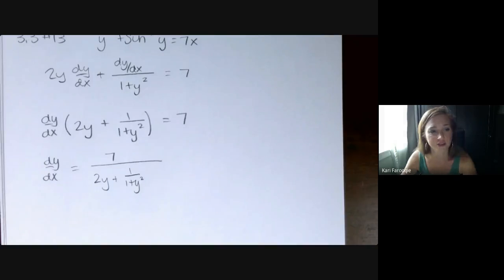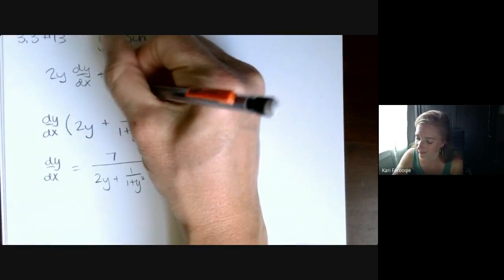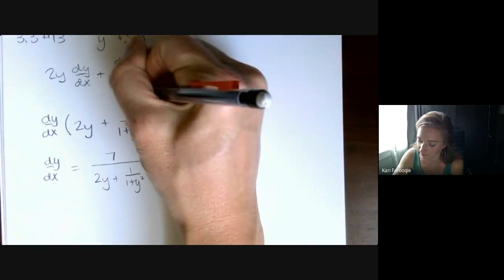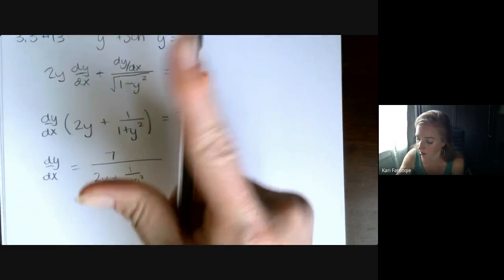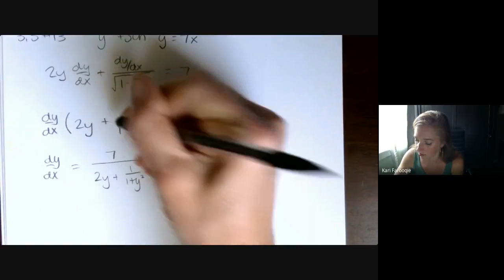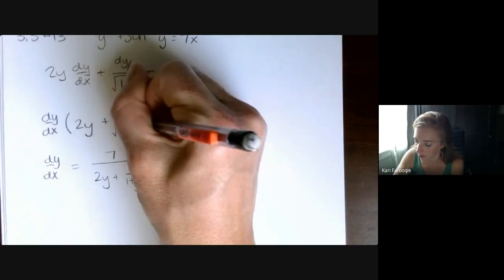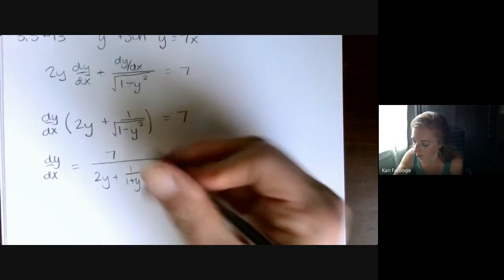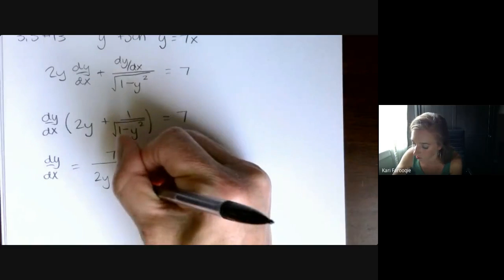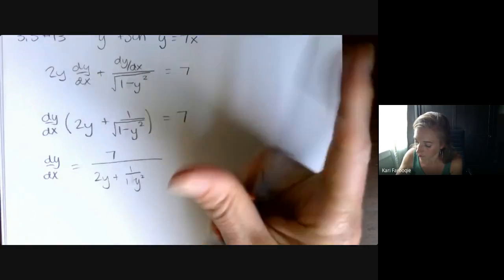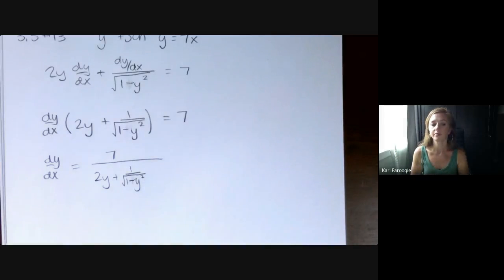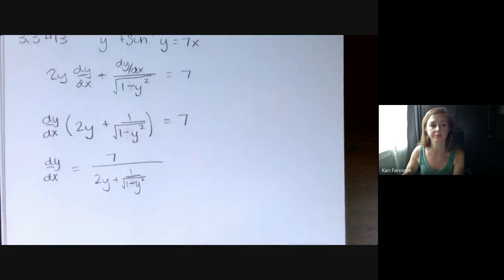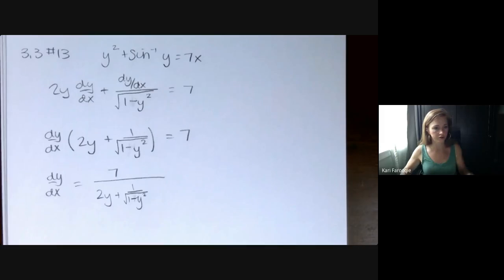You know what? I just thought about something. I forgot my radical. And I forgot my subtraction. I was treating this like an inverse tangent. Oh my goodness, you guys. It's definitely an inverse sine. Yikes. That is going to make a big difference to us. All right, I'm going to give you a second to fix that.